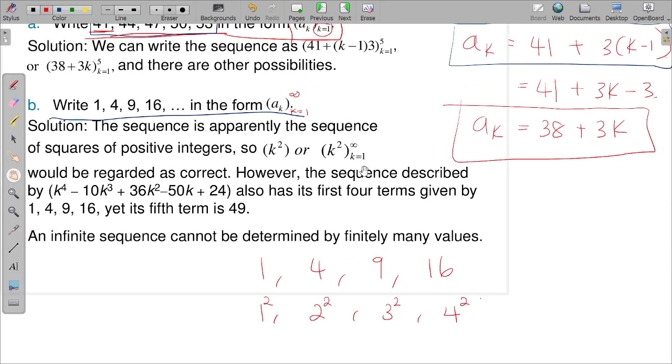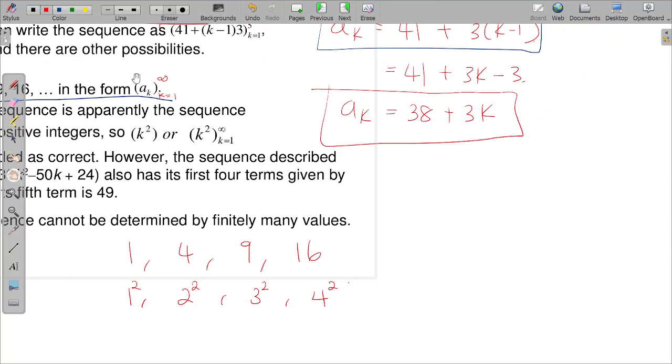So if we are going from 1 to infinity, we can now define our a_k as k raised to power 2, because when k is 1, this is 1 raised to power 2. When k is 2, 2 raised to power 2.